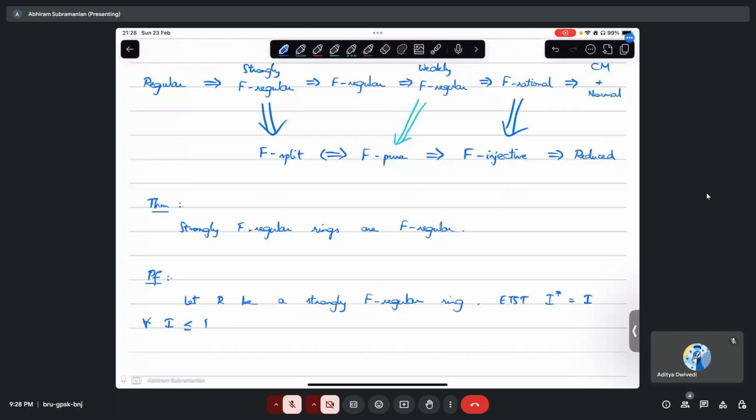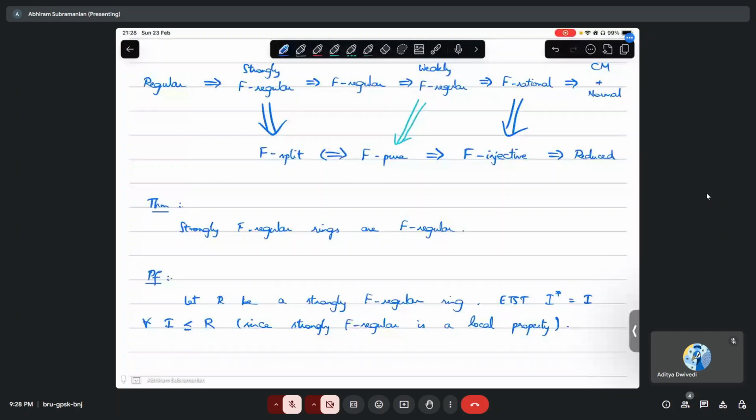But then for every multiplicatively closed set W of R, R_W will also be weakly F regular. And that is the definition of F regularity, therefore R is F regular. So enough to show that I star is equal to I for all I in R. And this is also not very difficult.